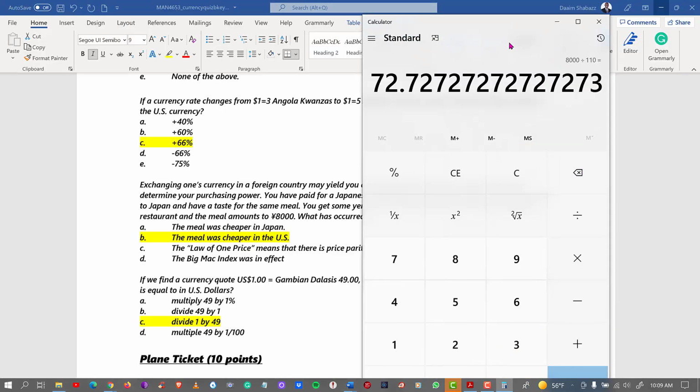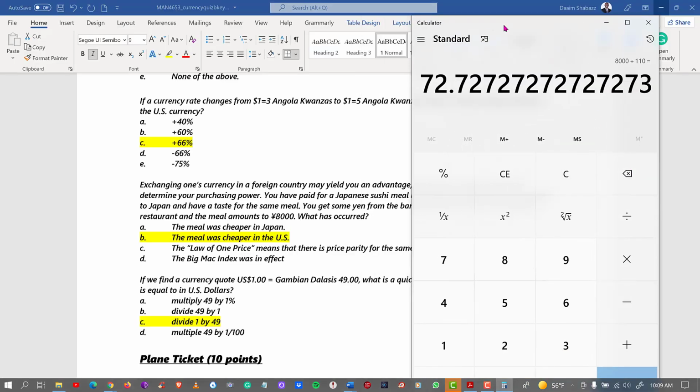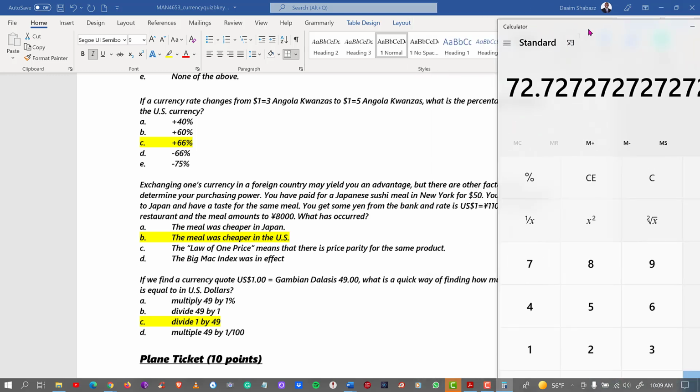And as you can see, $72.72 is a lot more than $50. So the meal costs $50, and this is the equivalent of 8,000 yen in dollars. So you could have done that a couple different ways.